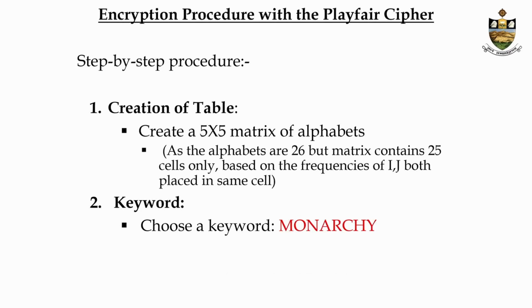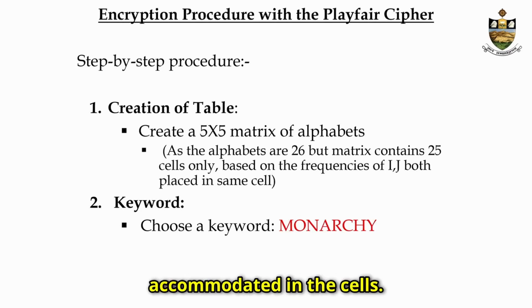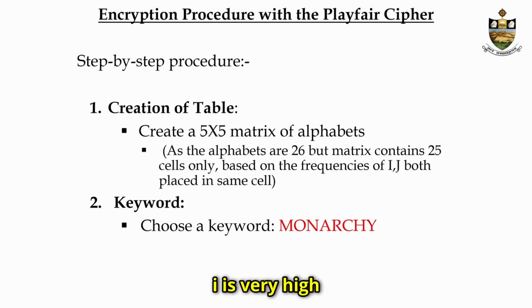So all these letters must be accommodated in the cells. Here, the technique of the frequencies of I and J is utilized. As the frequency of I is very high and J is very low, both I and J are placed in the same cell. This is the criterion developed at the time of creation of the table by Wheatstone himself.